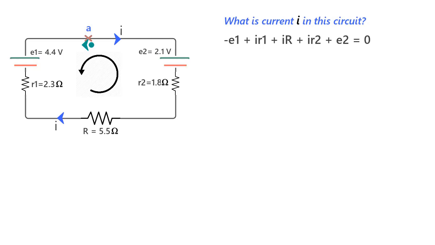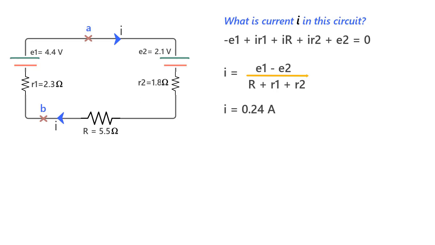Well, if you're curious, you could try establishing the same equation going in the other direction and using a different starting point. But I suggest you do it after you've watched this example. So if you solve for I in this equation, what you get is this as the expression for I, and if you put the values in the equation, you find the value of I is 0.24 amperes or 240 milliamperes.